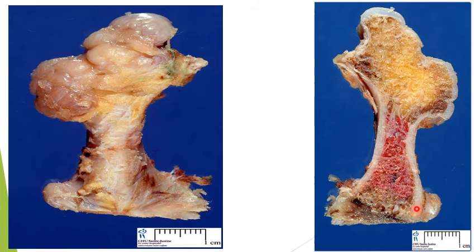This is the stalk of the mushroom, and this is like the hat of the mushroom. And as you can see, this is the bluish, glistening, semi-translucent cartilage capping or covering the head of the mushroom shape tumor. And this is actually the bone.